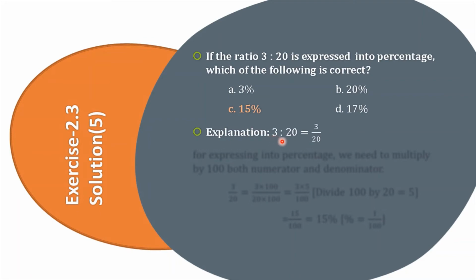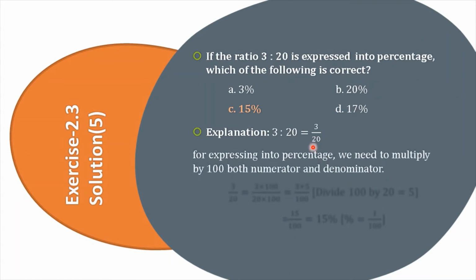Explanation. 3:20 equals to 3 divided by 20. As we know, ratio is a fraction. For expressing into percentage, we need to multiply by 100 both numerator and denominator.